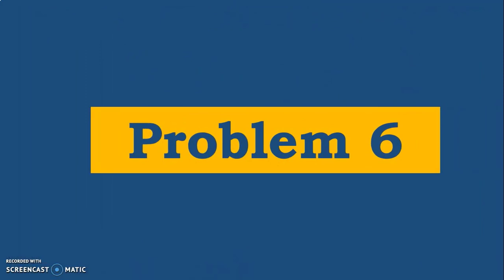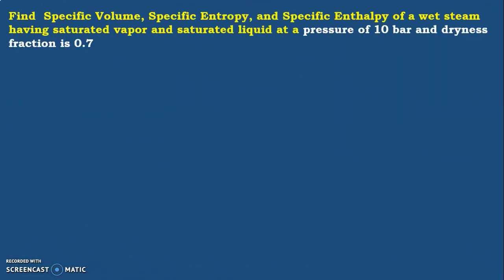Next, problem 6. Find specific volume, specific entropy and specific enthalpy of a wet steam having saturated vapor and saturated liquid at a pressure of 10 bar and dryness fraction is 0.7.